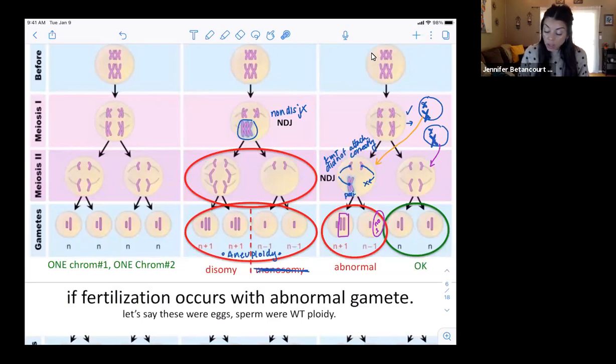But if non-disjunction happens in anaphase 2, only a portion of them, 50% of the gametes, will exhibit aneuploidy. Why? Because typically only one of the cells will undergo non-disjunction, the other cell will not. So this other cell will make gametes with the normal number of chromosomes.